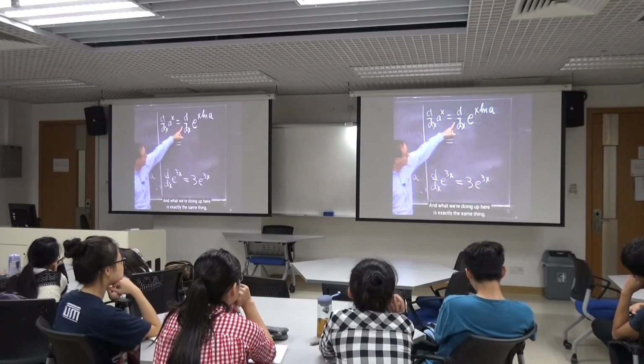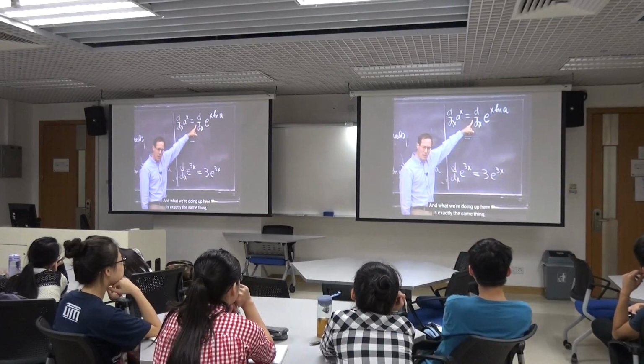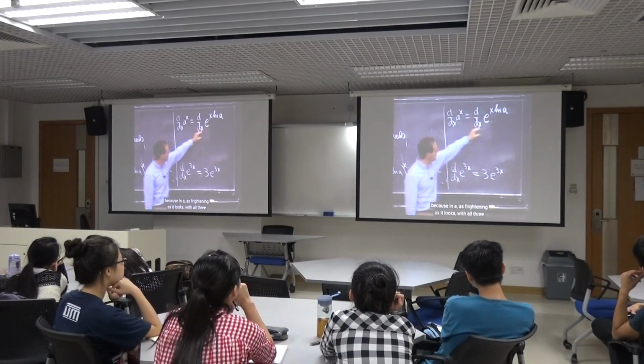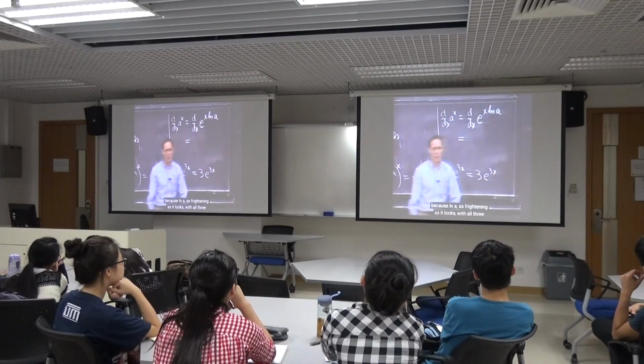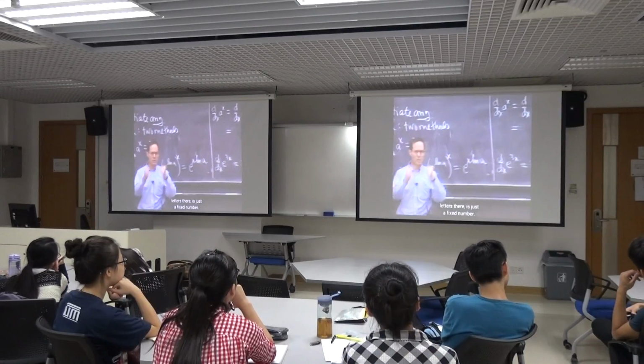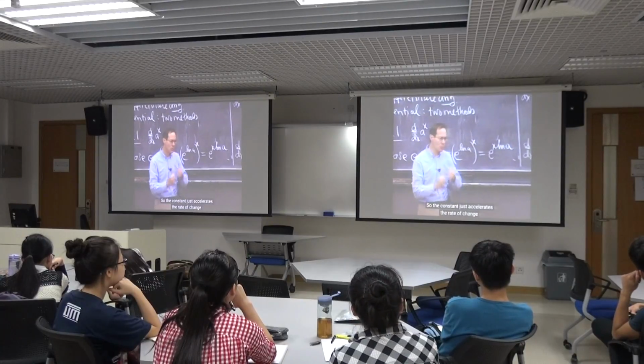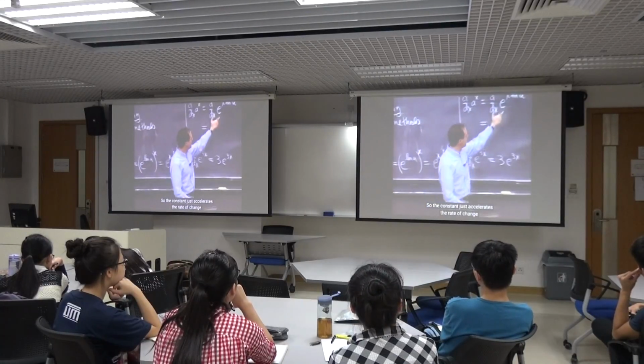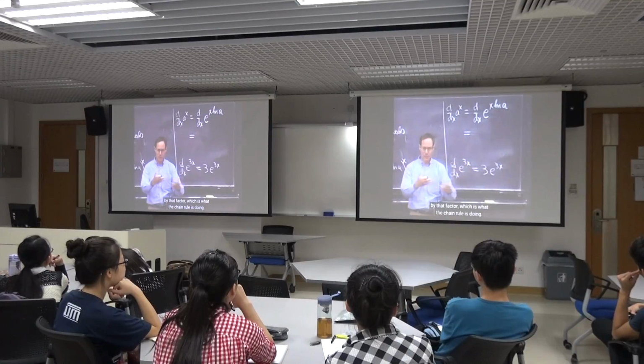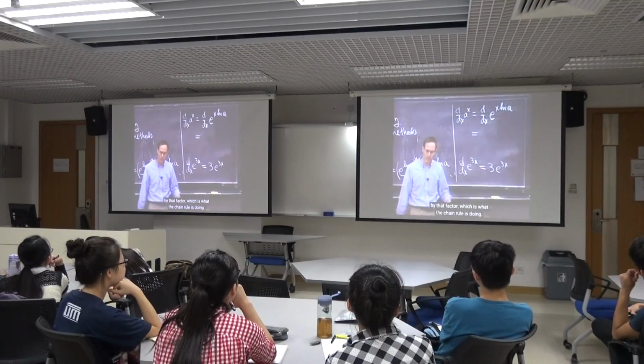Now what we're doing up here is exactly the same thing, because log a, as frightening as it looks with all 3 letters there, is just a fixed number. It's not moving, it's a constant. So the constant just accelerates the rate of change by that factor, which is what the chain rule is doing.